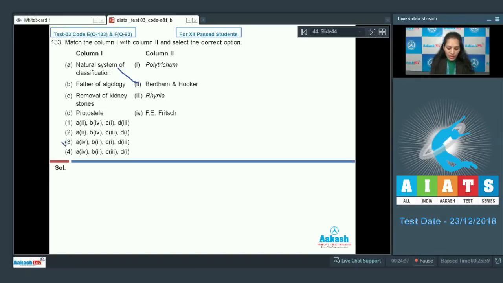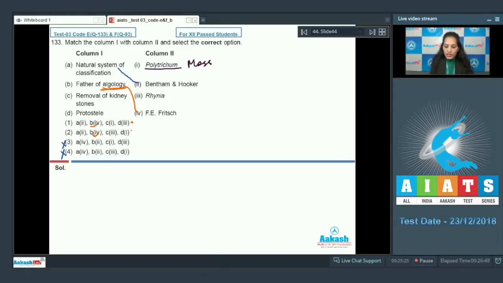So option number 3 and 4 are ruled out. B. Father of algology. Algology is the study of algae. So father of algology is F.E. Fritsch. So B goes with 4. So again it can be option 1 or option 2 because in both options B matches with 4th. C. Removal of kidney stones. Polytrichum.